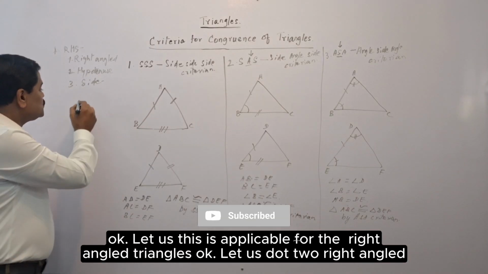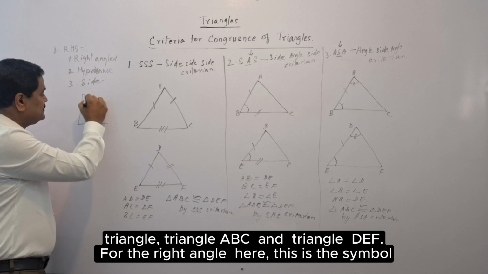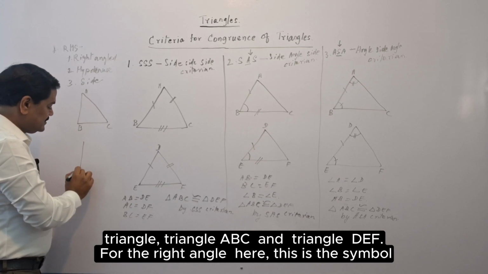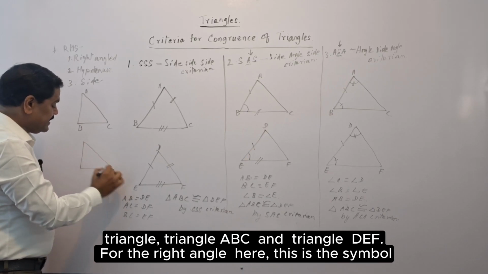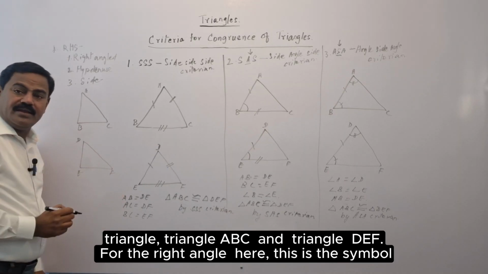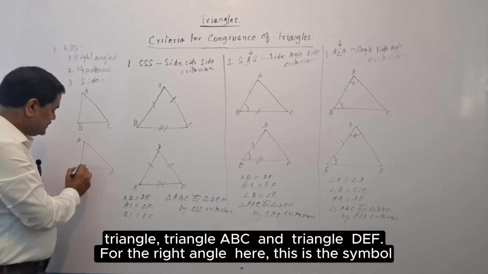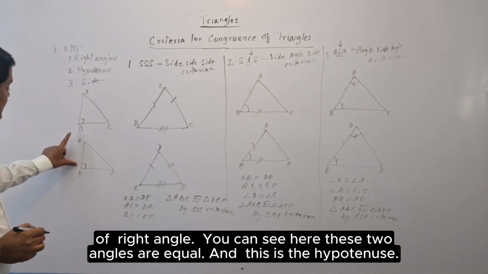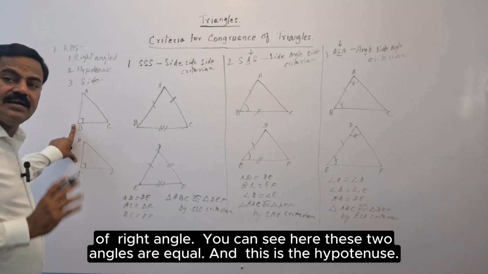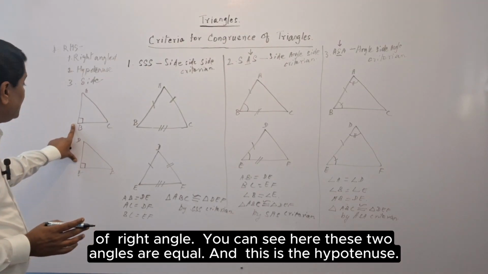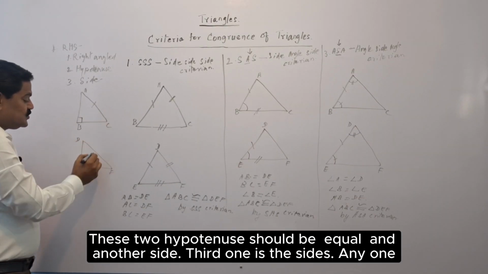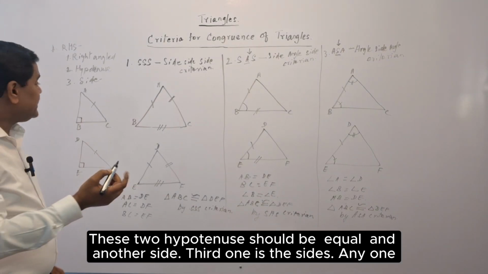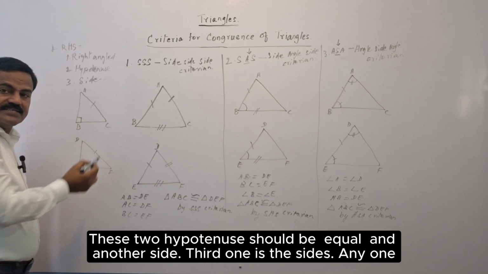Let's draw two right angled triangle ABC and triangle DEF. For the right angle, this is the symbol of right angle. You can see here these two angles are equal, right? And this is the hypotenuse. These two hypotenuse should be equal, and the third one is the side, right?